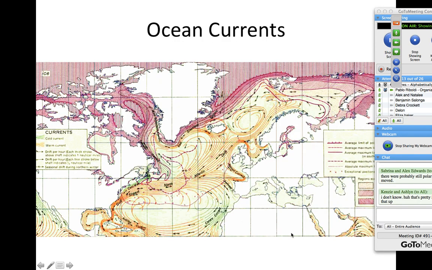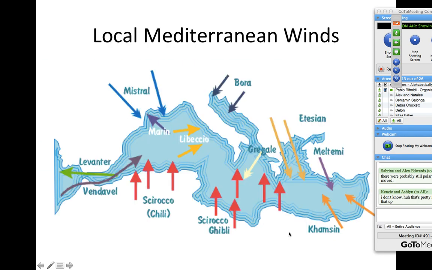All right, so let's see. I was going to talk here. This graph shows the Mediterranean Sea. So if you think about it, this is the north coast of Africa. You have here Turkey, Greece, Italy, France, and Spain. It's not a very precise map, but a general map, and it shows some of the local winds.